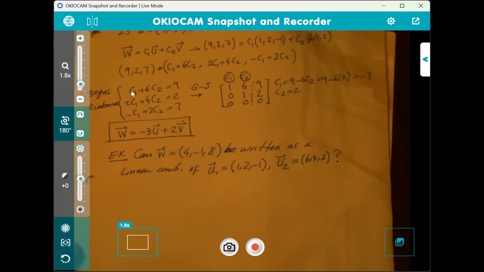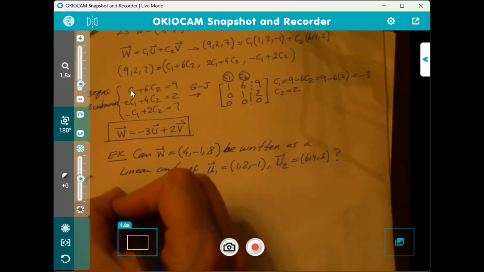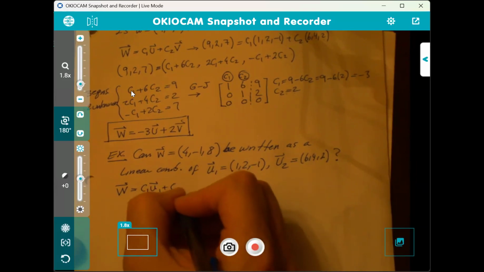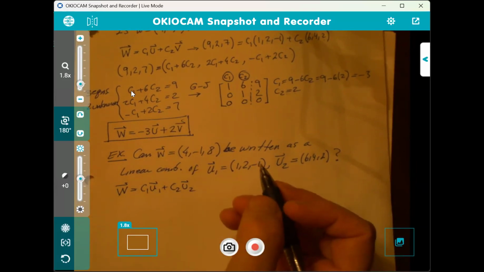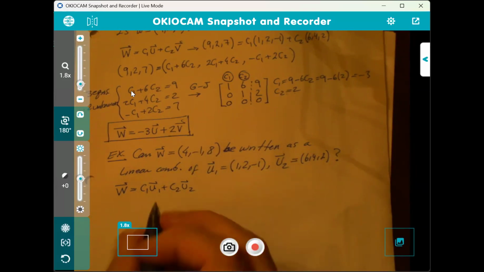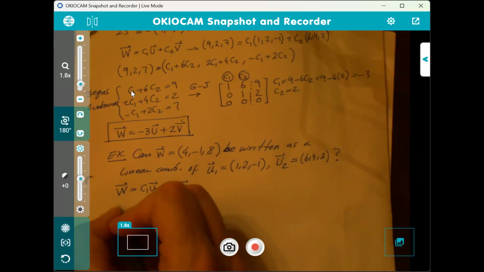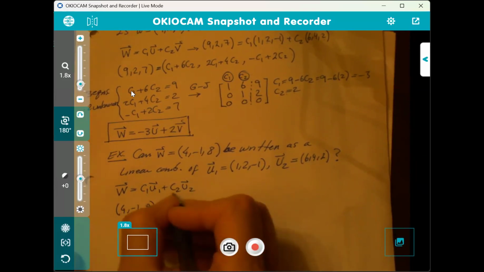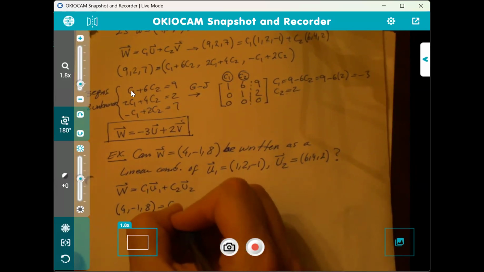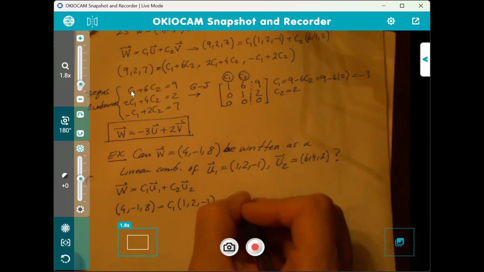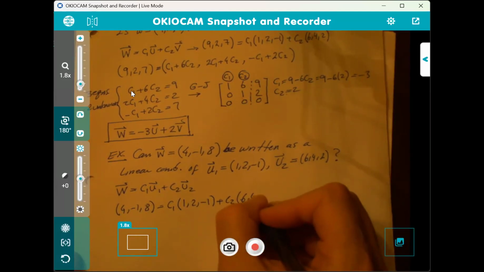So let's try this one. Same principle as before. If it can, then I can write W as a constant multiple C1 U1 plus C2 U2. Again, this notation is more in line with the one in the definition. So W is (4, -1, 8), and C1, C2 are to be determined. Here's C1 times (1, 2, -1), plus C2 times the second vector, (6, 4, 2).